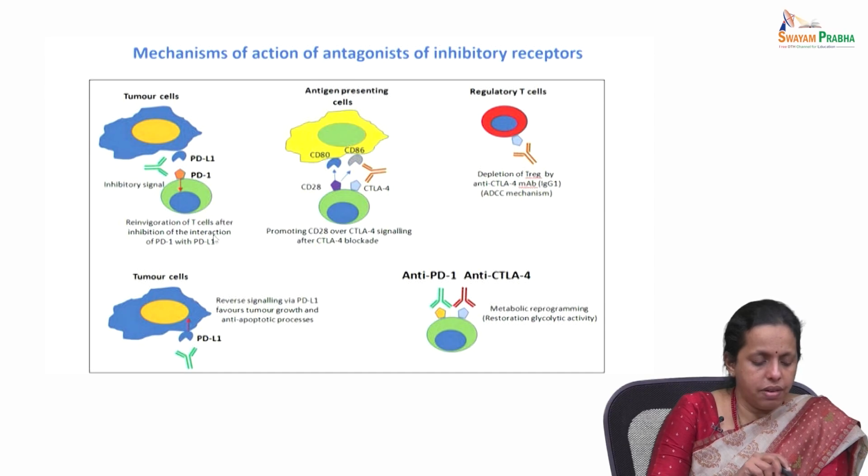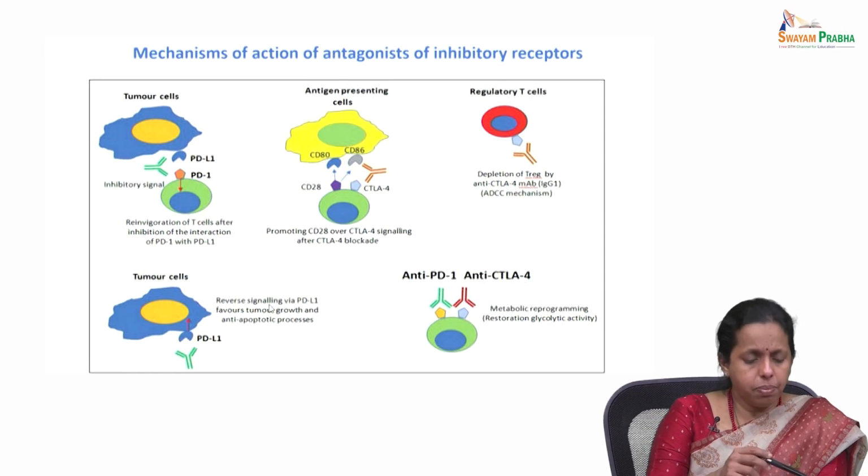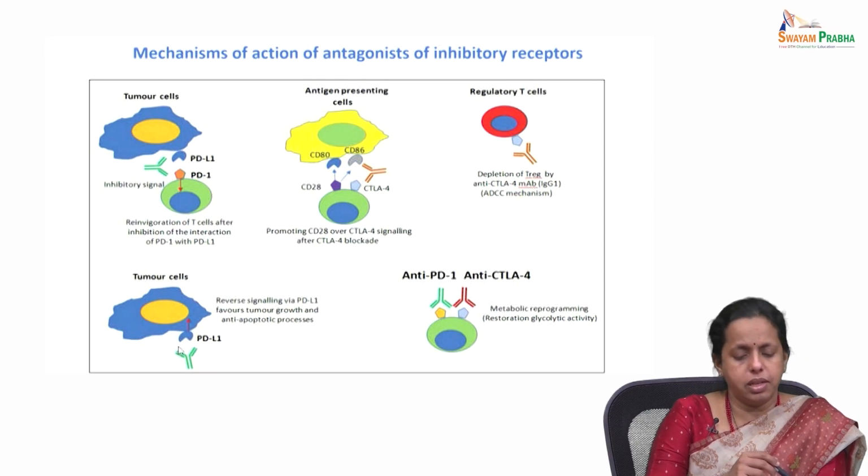You have reinvigoration of your T cells after inhibition of the interaction. Reverse signaling via PD-L1 favors tumor growth and anti-apoptotic processes. This PD-L1 will promote the growth of the tumor cells.